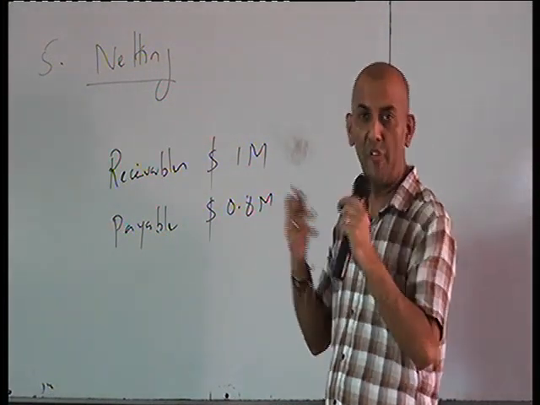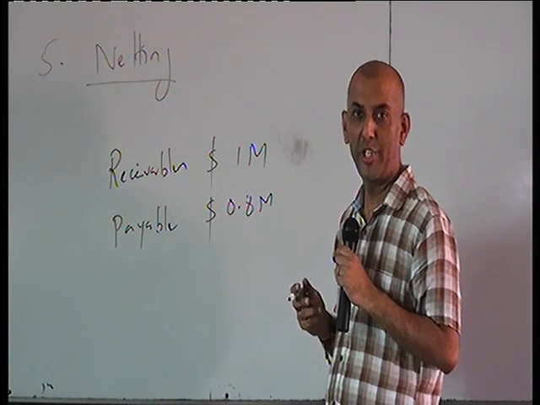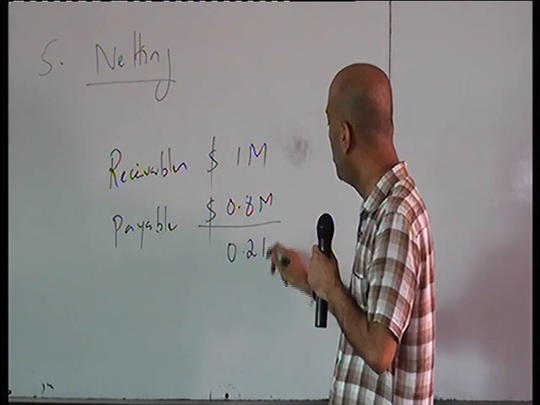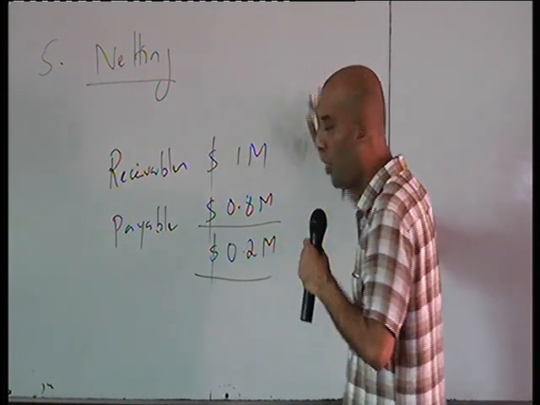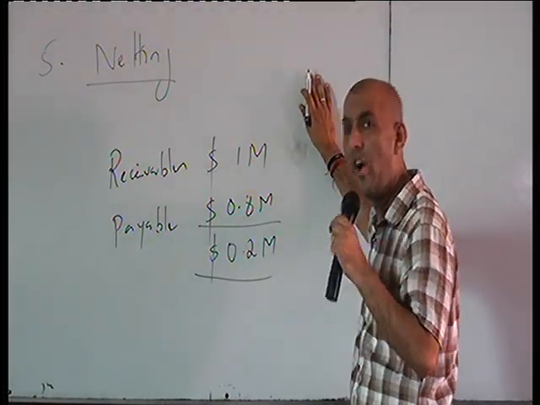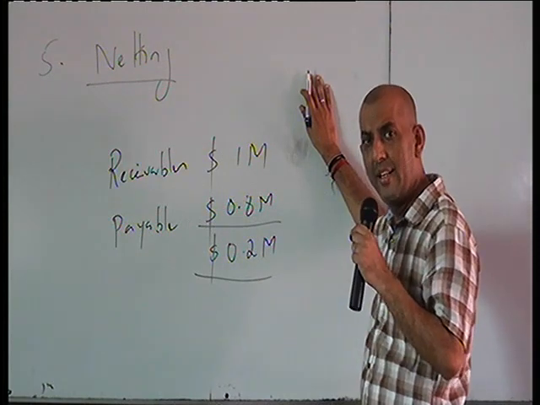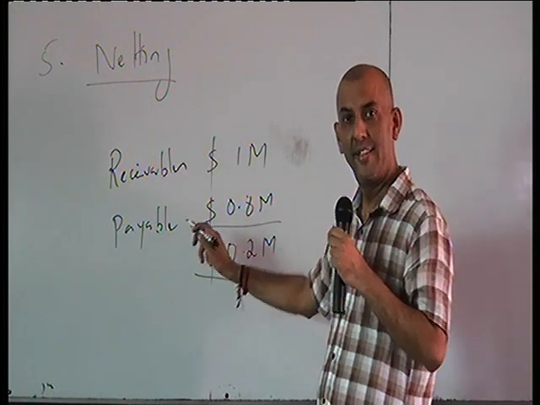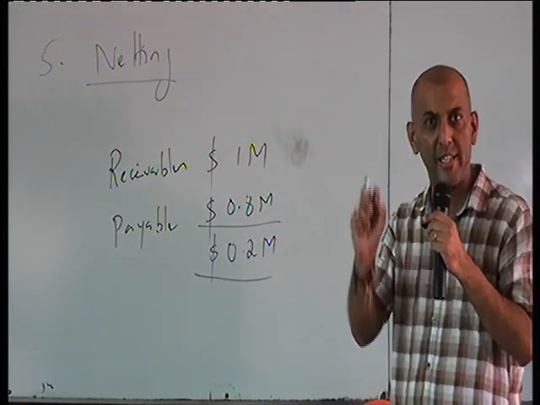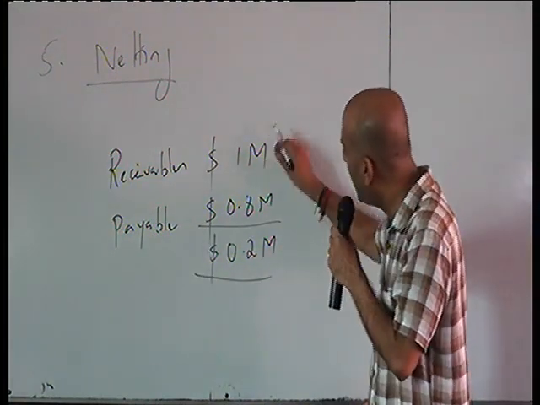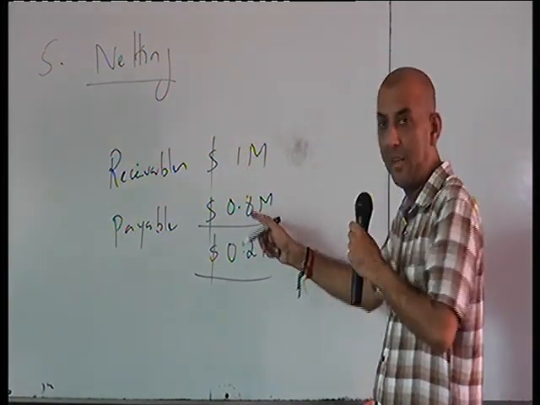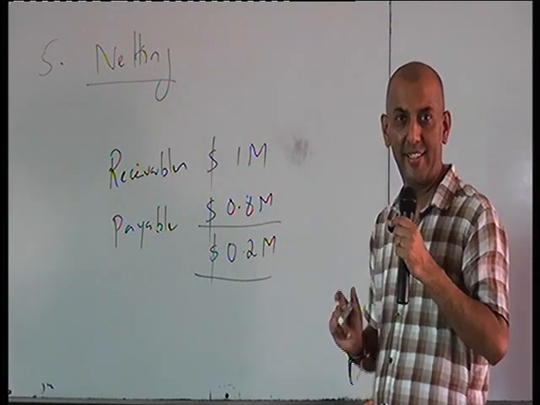You can set off each other, right? So your net amount is $0.2 million. So you set off and settle the balance in foreign currency. So you are reducing the risk of converting $1 million, one transaction, and $0.8 million, another transaction.